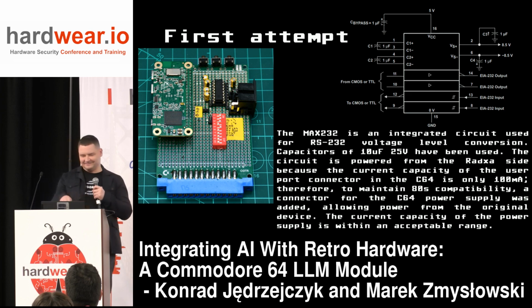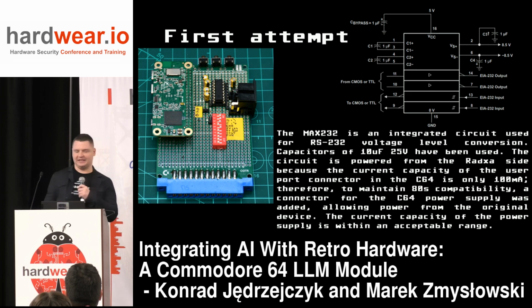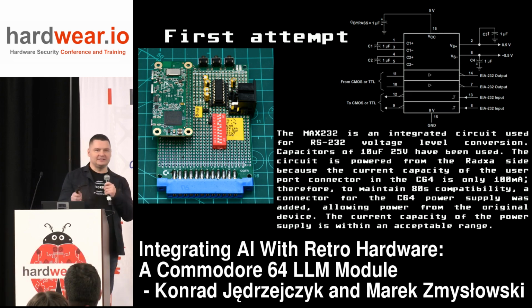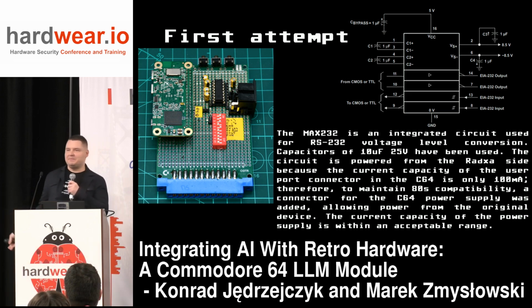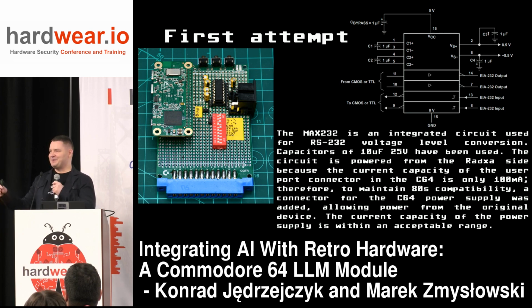This was the testing board. It had a lot of capabilities for changing the way the computers were communicating with each other, and it also had the capability, on the right side you can see it, to accept power from the original power supply unit from another Commodore 64. So you could power it up using the original equipment.